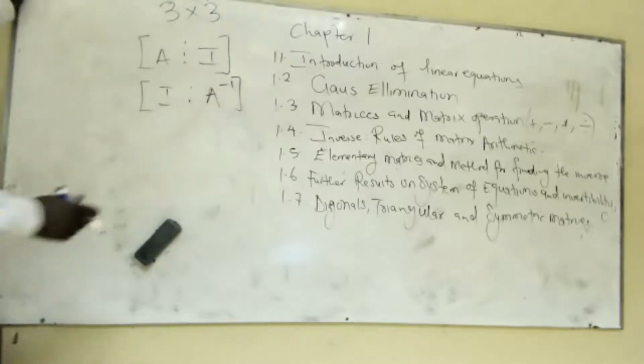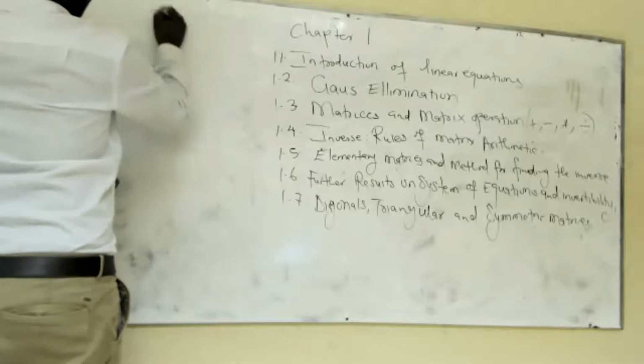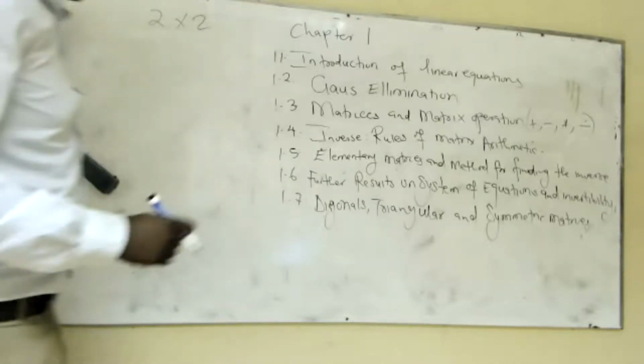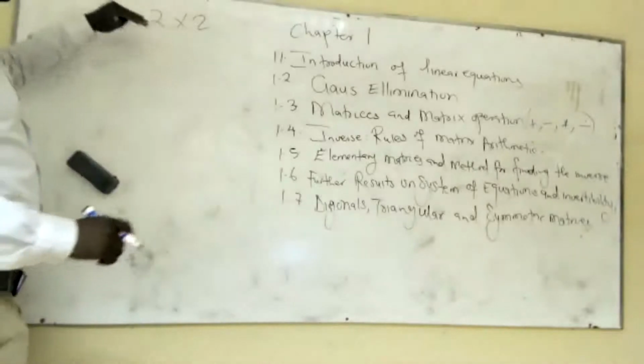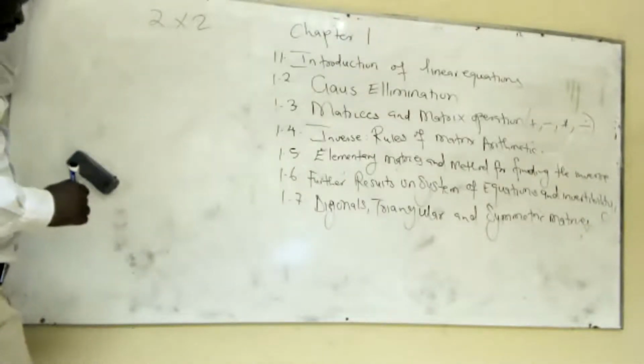Again, I've covered the information for when we are dealing with a 2 by 2 matrix, and I must highlight how you deal with the inverse for 2 by 2. You must know how to get the inverse of 2 by 2.